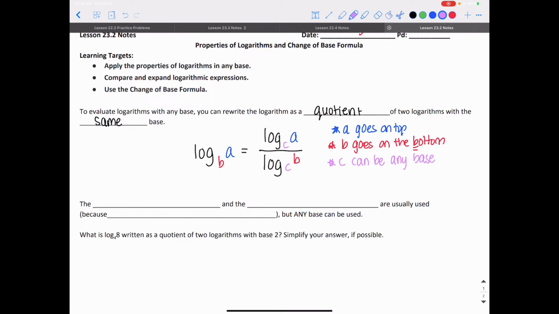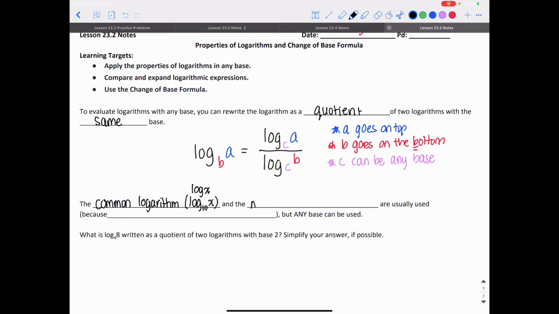The common logarithm and the natural log, those are log base 10 and log base e. Those are the ones we usually convert to. So we use c as 10 or c as e, because those are in our calculator. The common logarithm is log base 10 of x, or just log of x.